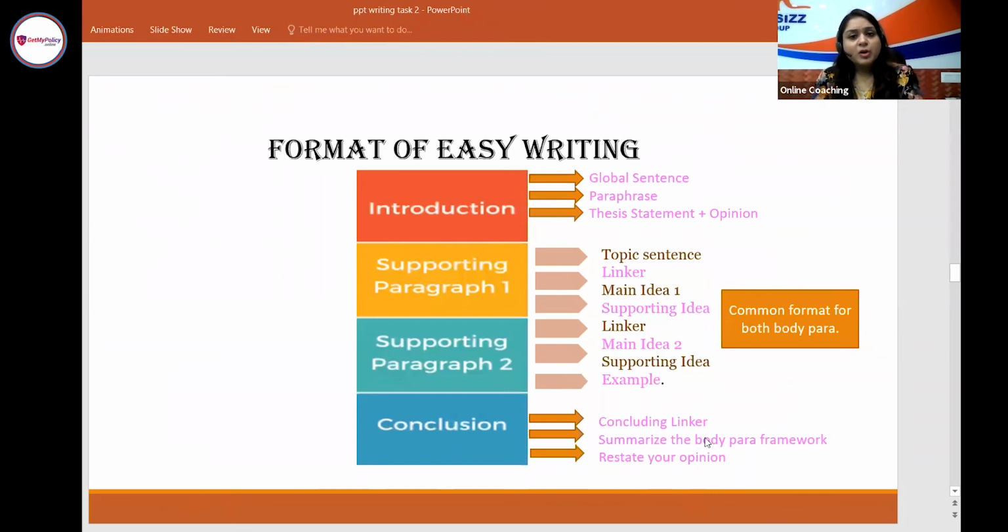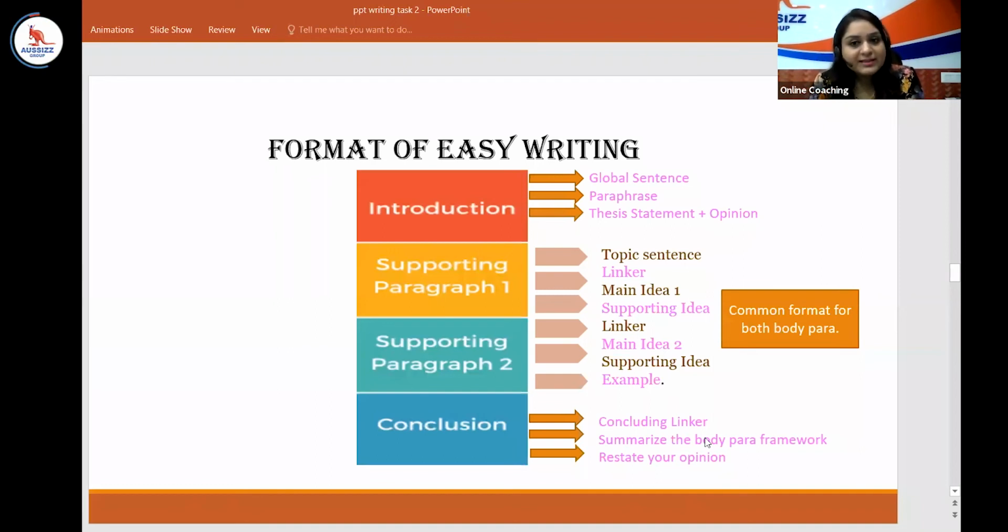So you have to write the topic sentence, stating what you are going to include in the body paragraph. For example, if I'm going to write about the advantages and disadvantages, I write that there are many advantages of using the internet.